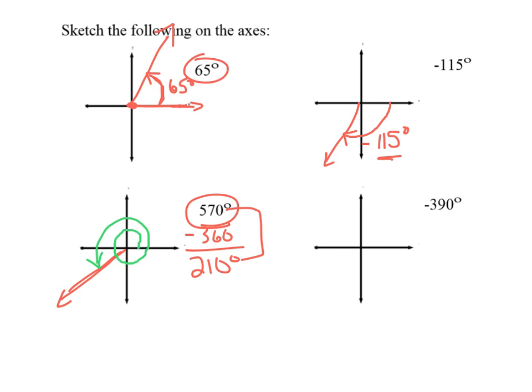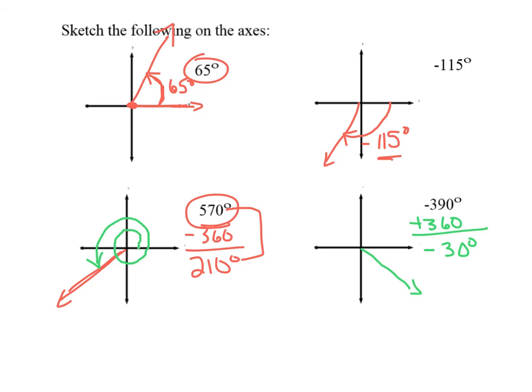Negative 390, again, it's a negative, so I would add 360 to find an angle that would make sense to me, and that's negative 30 degrees. Now, I can understand negative 30, and if you don't, add another 360 and get the positive equivalent. So negative 30 goes here.